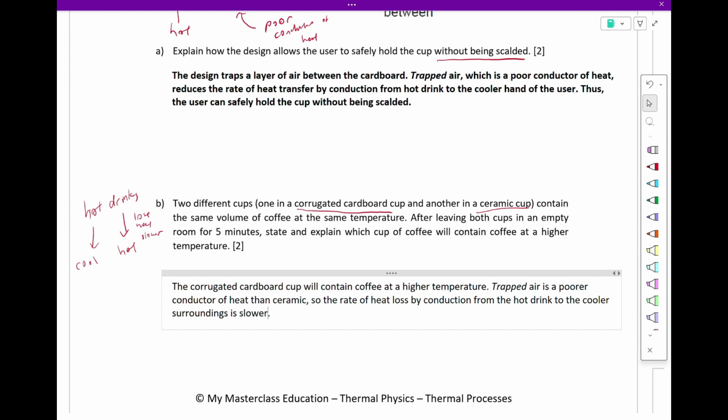Only when you're comparing do we use comparison words like faster, slower, poorer, better. So ultimately this is the reason why the corrugated cardboard cup is better than a ceramic cup.